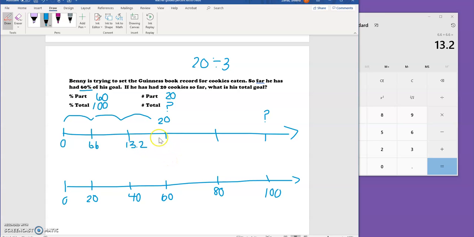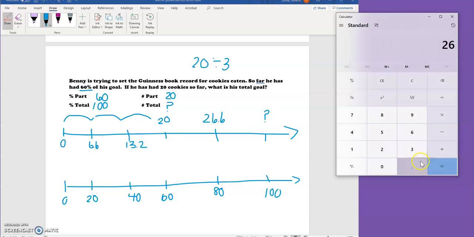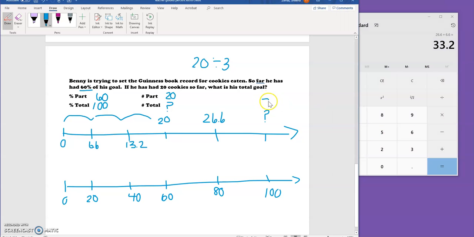And this will approximate the answer, which is fine. Add 6.6 to 20. 26.6, and then one more time, plus 6.6, gives us approximately our answer, so 33.2 cookies.